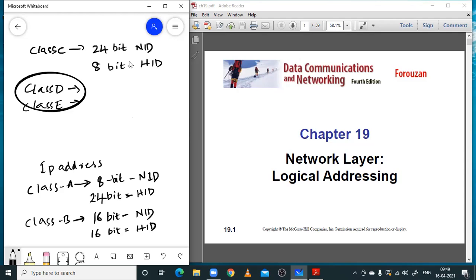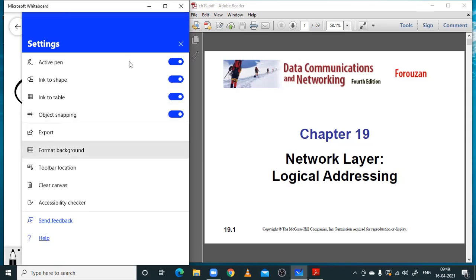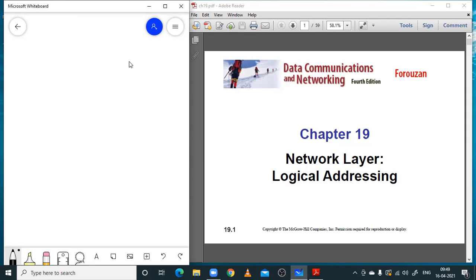Now coming to class A, class B, and class C. According to class A, 8 bits are used for the network ID, and the remaining 24 bits will be host IDs. Host IDs are nothing but the systems which are added to each network. As I told you, class A is 8 bits and 24 bits.